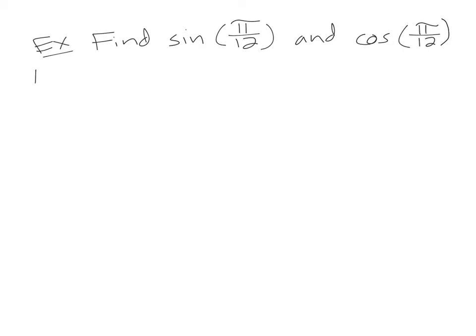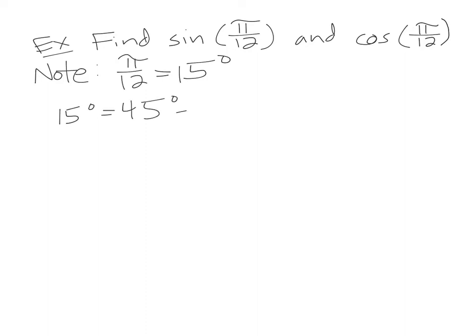The first thing to note is that it's probably easiest to think about these in degrees, not radians. Pi over 12 radians is the same thing as 15 degrees, because it's easier to think about subtracting degree measures rather than radian measures. And also note that 15 degrees is 45 degrees minus 30 degrees.